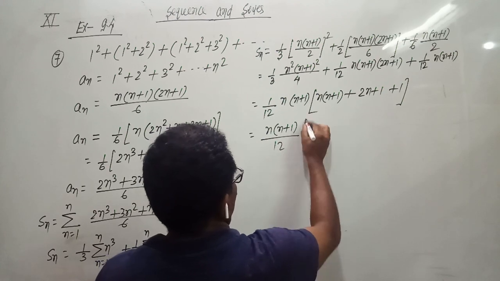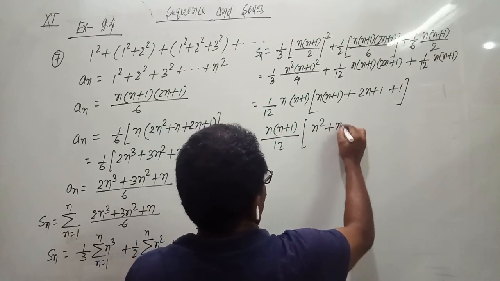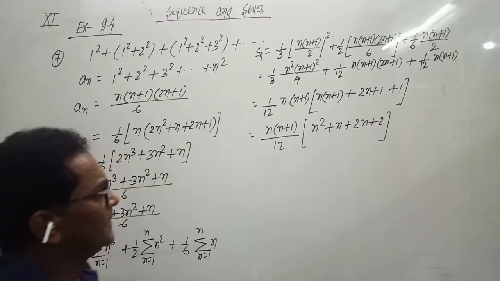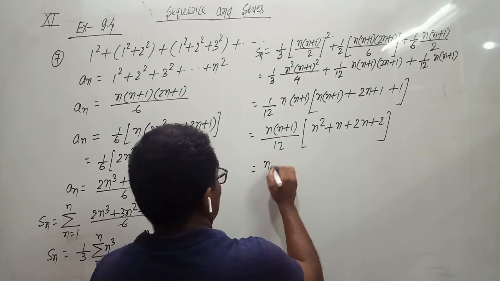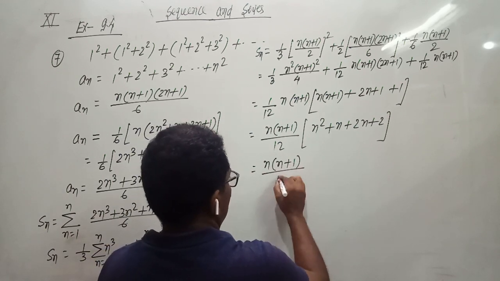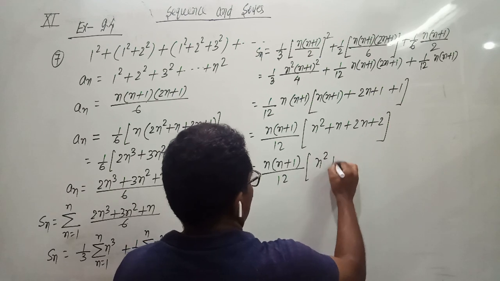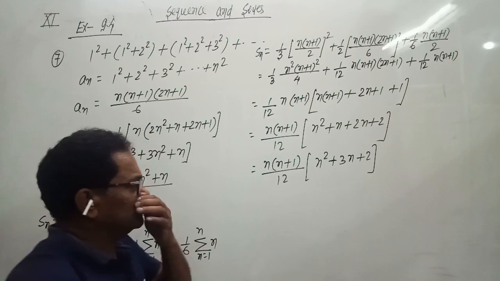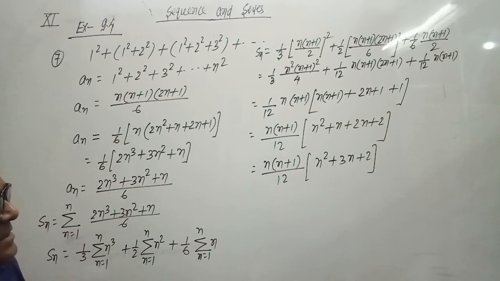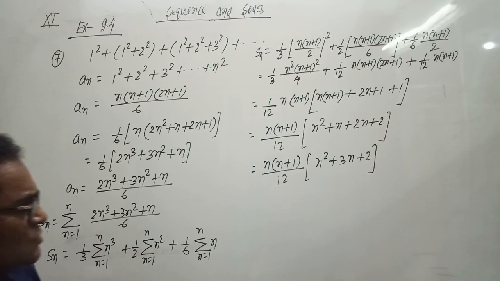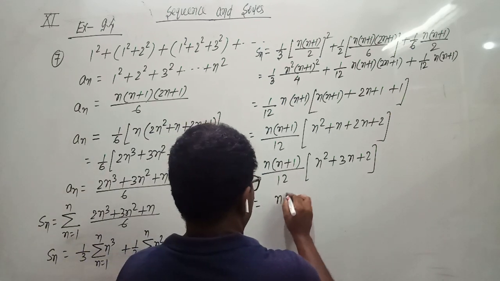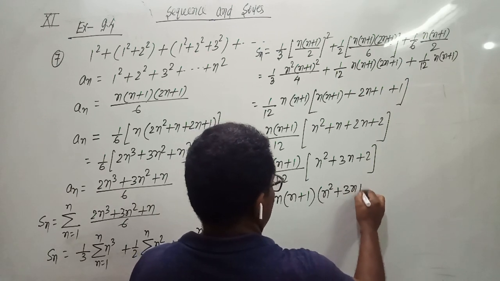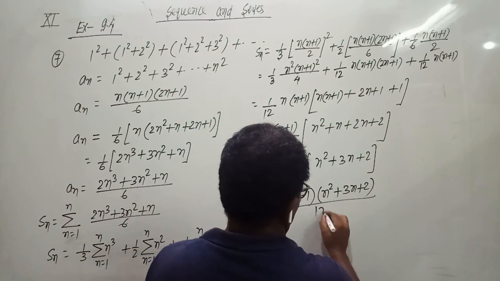This comes n square plus n plus 2n and plus 2. Then n into n plus 1 upon 12 and n square plus 3n plus 2. So the result is n into n plus 1 into n square plus 3n plus 2 upon 12. Yes, correct.